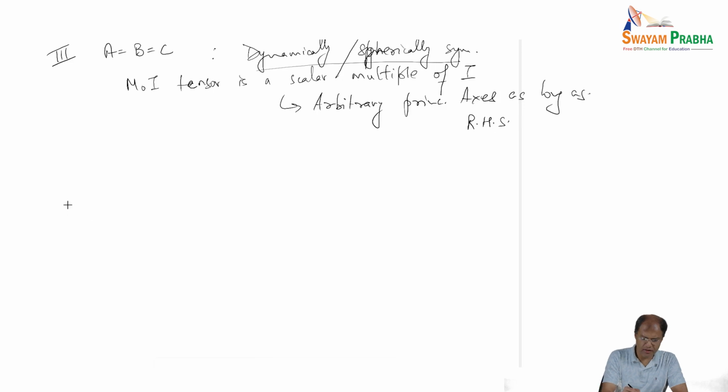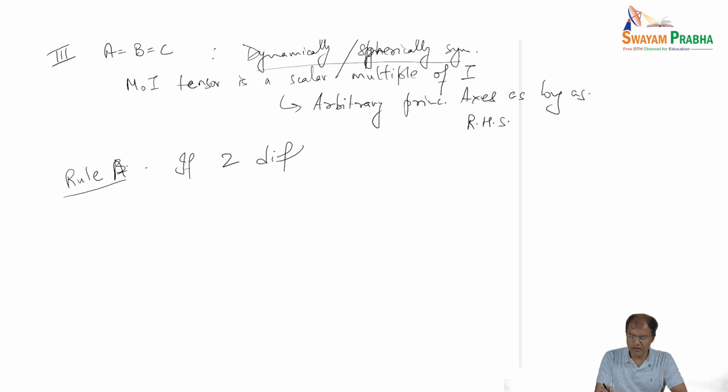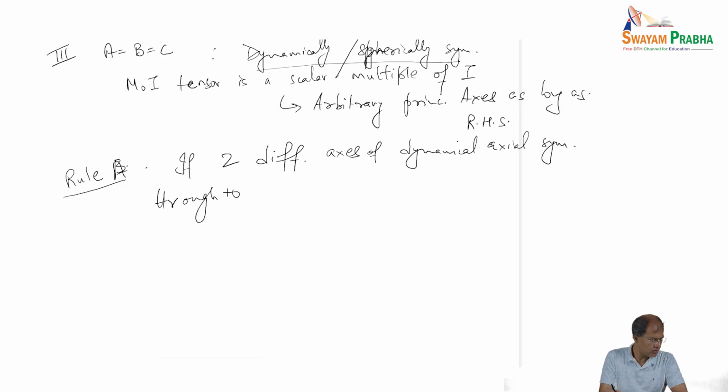Okay, so then we have a third rule, which is rule B. Rule B says that if there are two different axes of dynamical and axial symmetry through O, then it must be a dynamically spherically symmetric object, right?